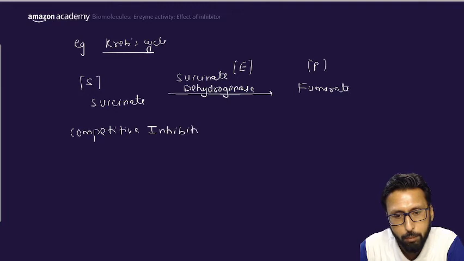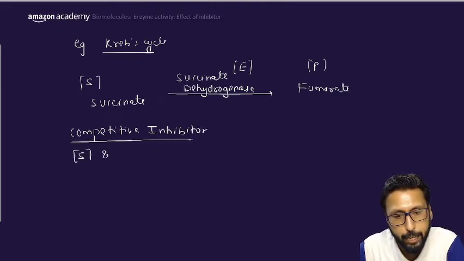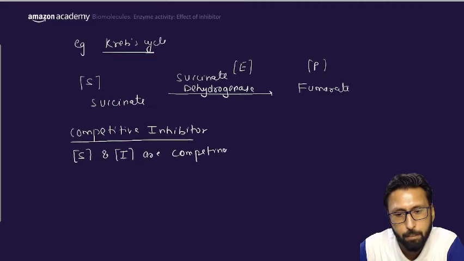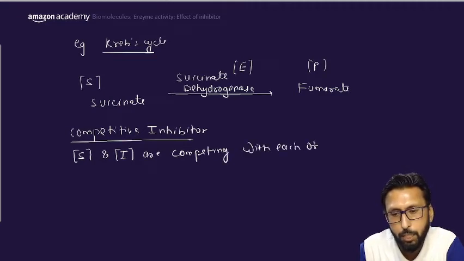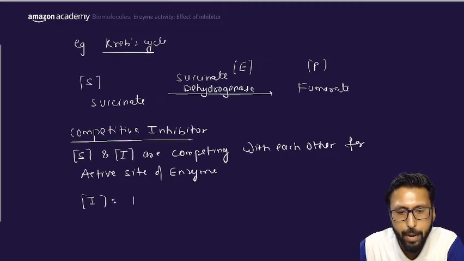So what is called competitive inhibition? Because substrate and inhibitor are competing with each other for the active site of the enzyme, okay. So in this case the inhibitor will be malonate.